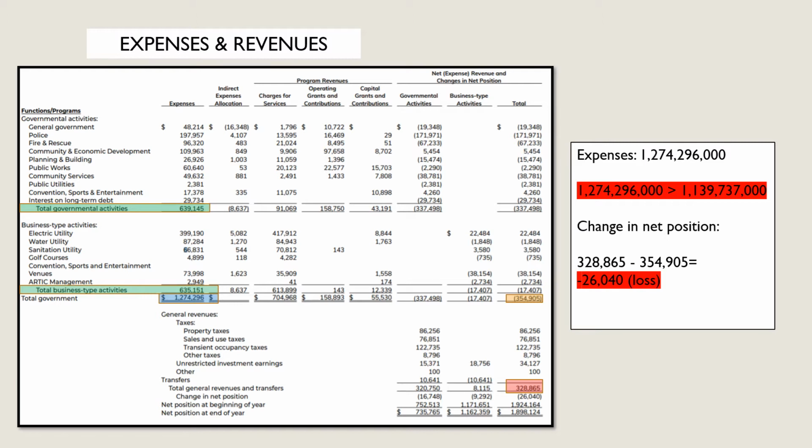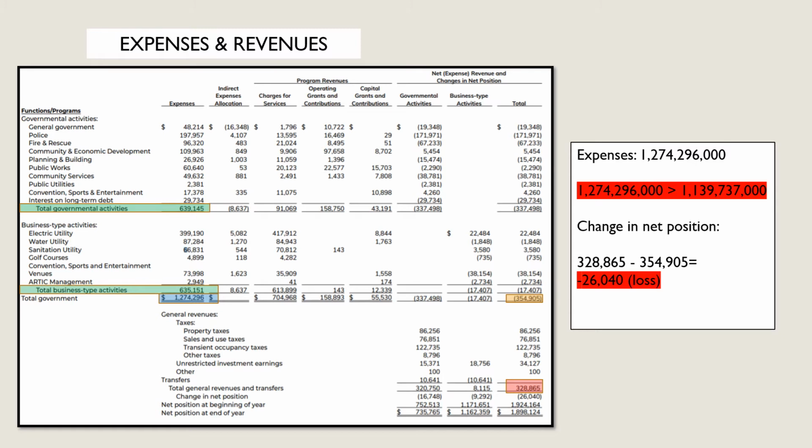From this section, I can also calculate the change in the net position by subtracting the total revenues and transfers from total government. If you look at the little red box, I subtract that from the total government in the orange box, and what I got is negative 26,040.